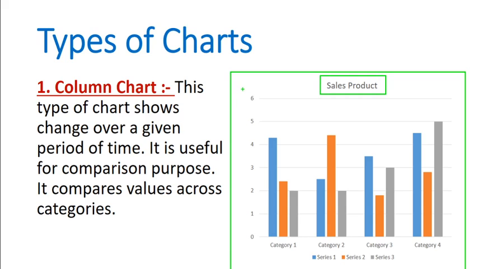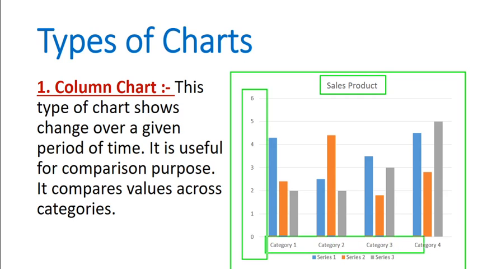Okay, and then this part, as you can see here, 0 1 2 3 4 5 6, these numbers are the vertical axis. And here you can see this part, category 1 2 3 4, these are the horizontal axis. And then on the last one here you can see series 1, series 2, series 3. This part is the legend in the chart.